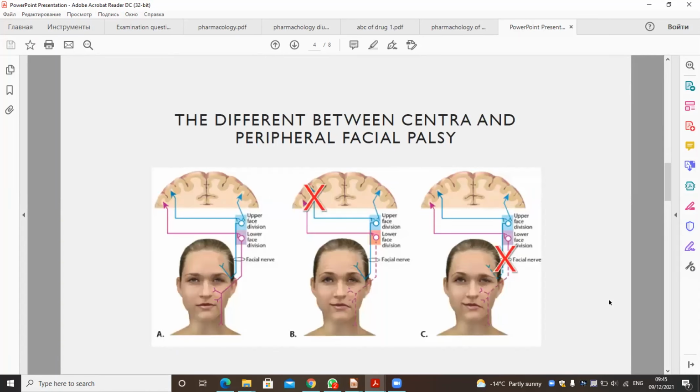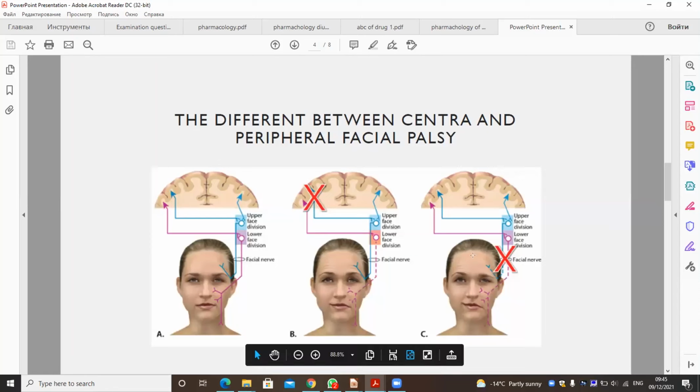Here we can see a picture of the difference between the central and peripheral damaged neurons of the facial nerve. In the central type, the lesion is higher, in the cortex and the neuron before the nucleus, and in the peripheral type it is below the neuron. We can see the difference in the expressions. With peripheral damage, the whole half of the face is affected.